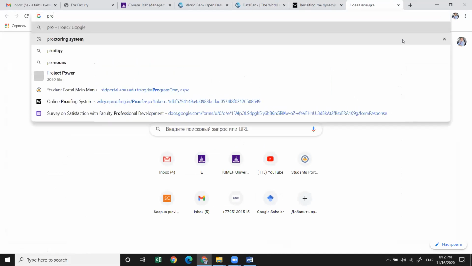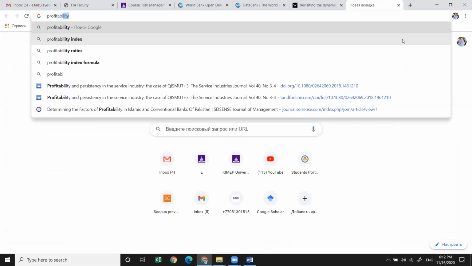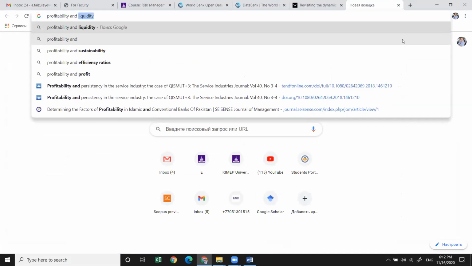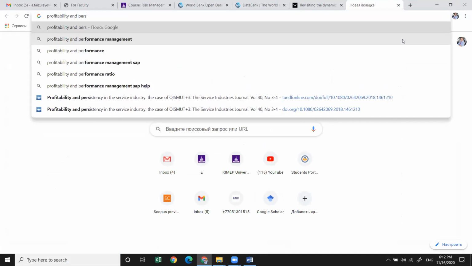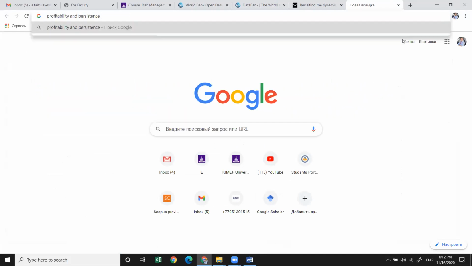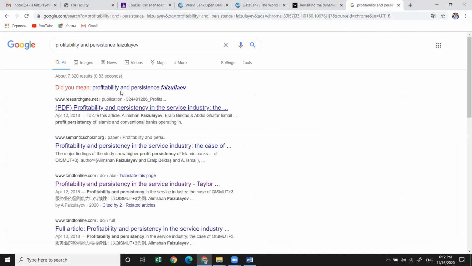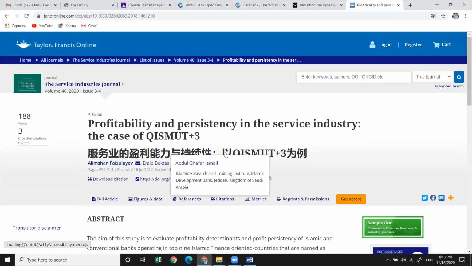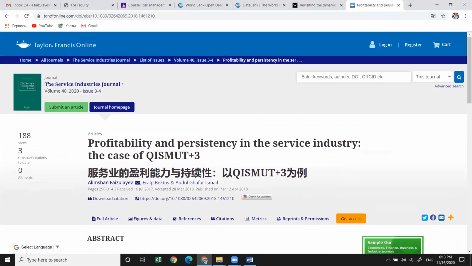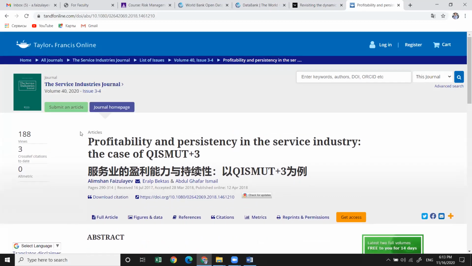There's another one, Taylor and Francis. It's also translated into Chinese, by the way. This is another one, from a Harvard university journal, but in the publishing house of Taylor and Francis.